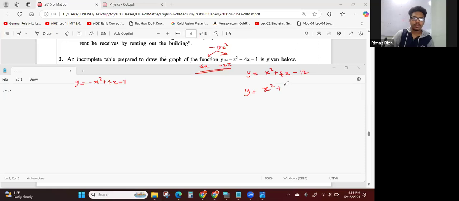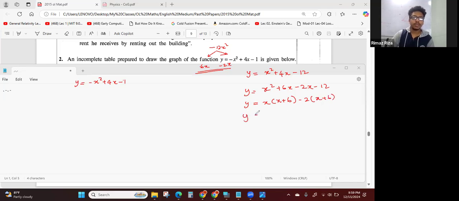So x squared plus 6x minus 2x minus 12. In the first two terms, x is common, so I take that out and get x plus 6. In these two terms, minus 2 is common. If I take minus 2 out, I get x plus 6.